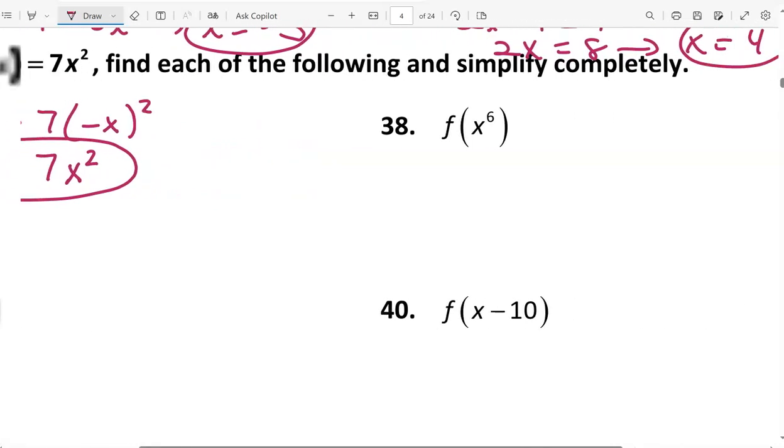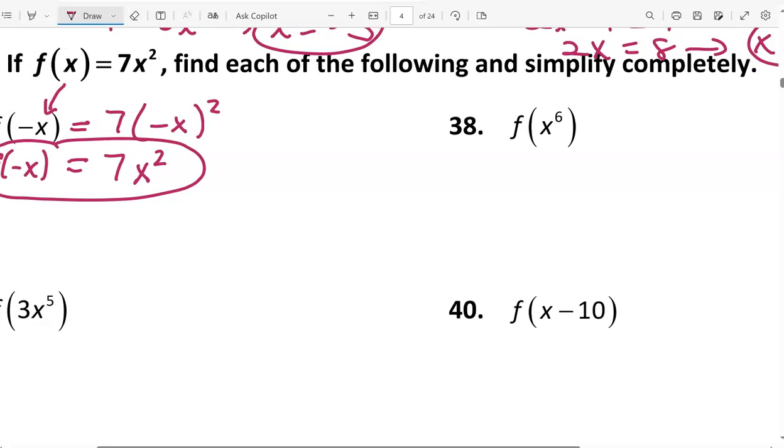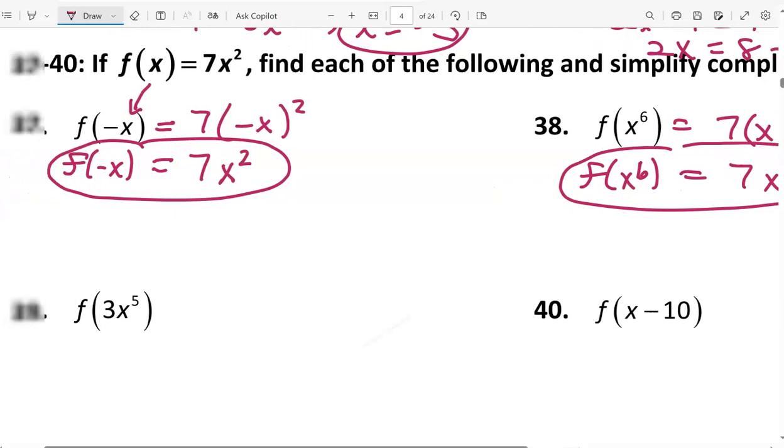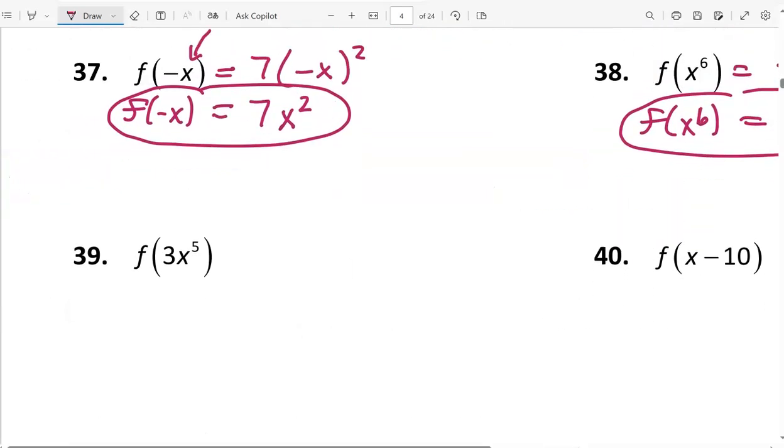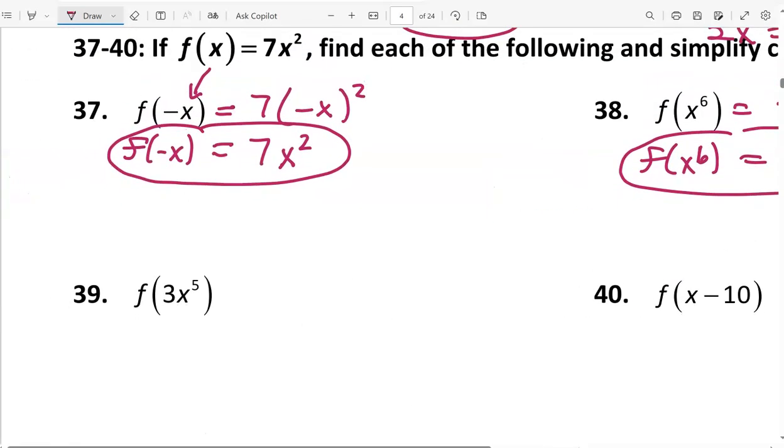For number 38, f of x to the 6th is 7 times x to the 6th squared. So that's 7 times x to the 12th power. For number 39, f of 3x to the 5th is 7 times 3x to the 5th squared.